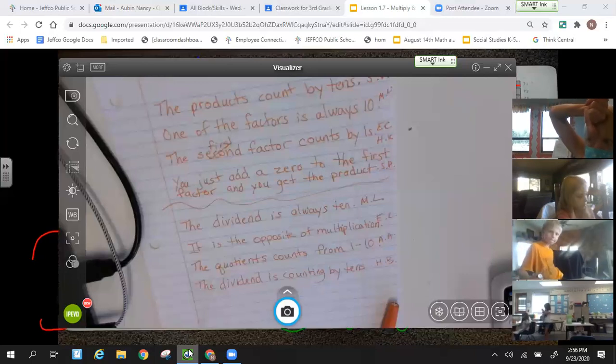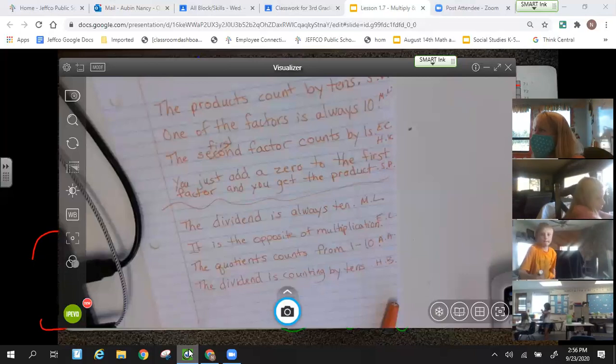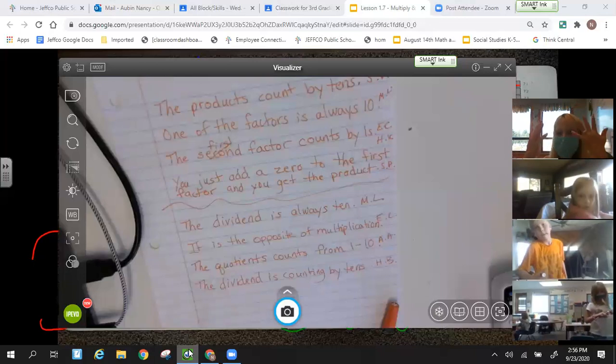All right, if your thumb is up, let's practice our count bys while the rest of you finish your patterns. Using your fingers, it's the same thing as our 5s and our 2s. I can say 1 times 5 is, or not 5s, 10s today.